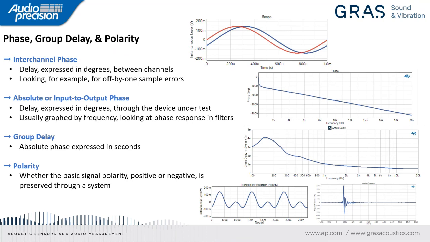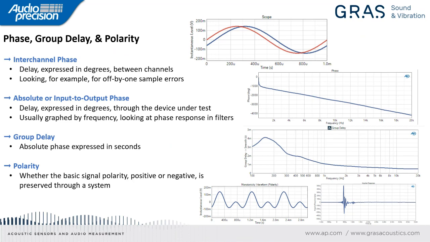Okay, just to use the most of our remaining time: phase, group delay, and polarity. So this often just gets lumped under phase, which is really the time alignment between two or more signals, but there are a few subtleties. So the first is a lot of the time, if we're testing, say, a stereo music playback device, what we're interested in verifying is that the two channels are perfectly in sync.